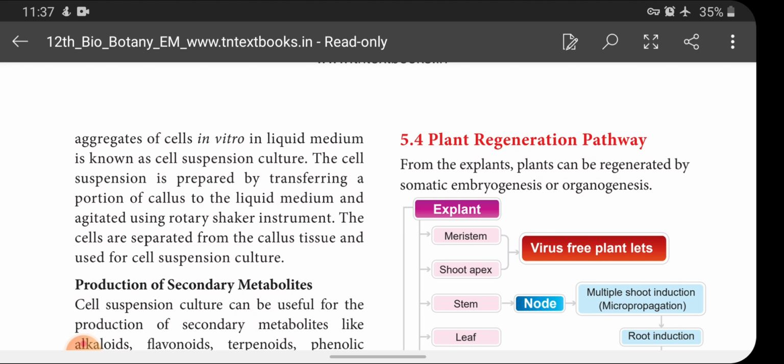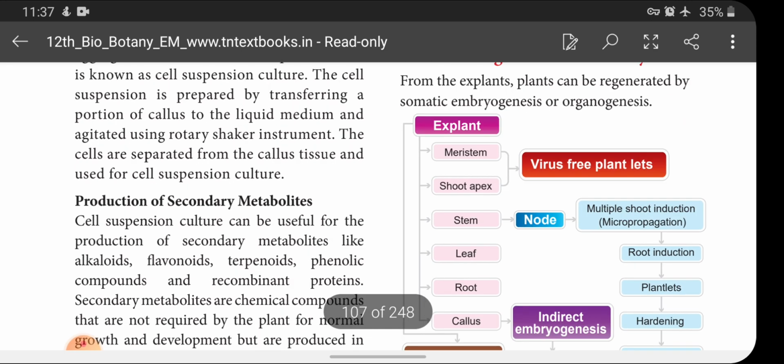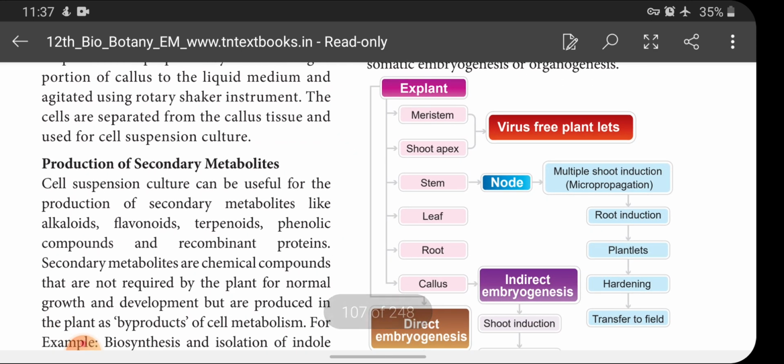Next one is production of secondary metabolites. Cell suspension culture can be useful for the production of secondary metabolites like alkaloids, flavonoids, terpenoids, phenolic compounds and recombinant proteins. What is the use of cell suspension culture? It is used for the preparation of secondary metabolites. What are secondary metabolites? There are thousands of organic and inorganic compounds present in plant and animal bodies.